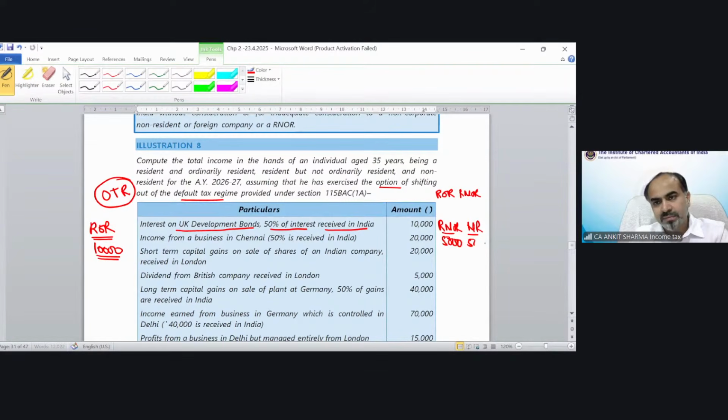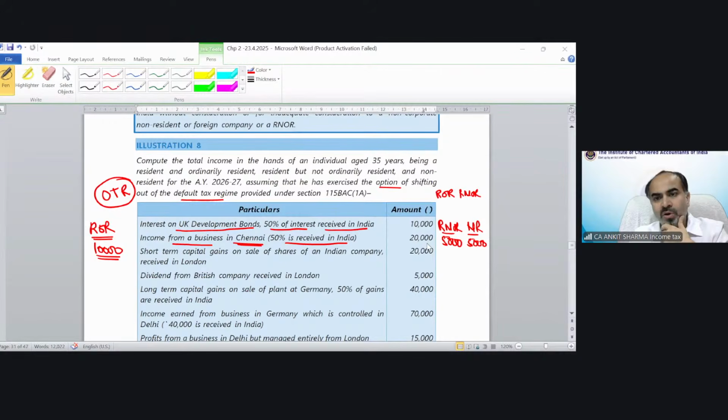Very well. Now, second, income from a business in Chennai, 50% is received in India. Now, this is interesting. How much needs to be taxed in case of point number 2? 20K for all three as per Lohit. Sushmita, 20,000 in all. Akhil is saying all three, 20 all. Okay, all categories, 20K for all.